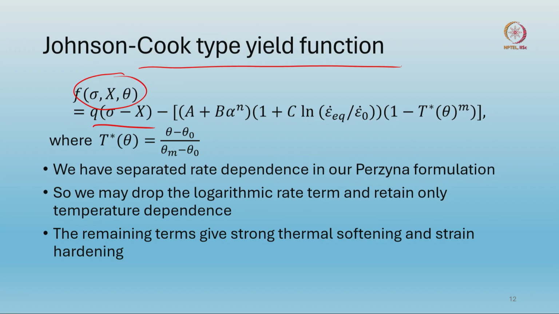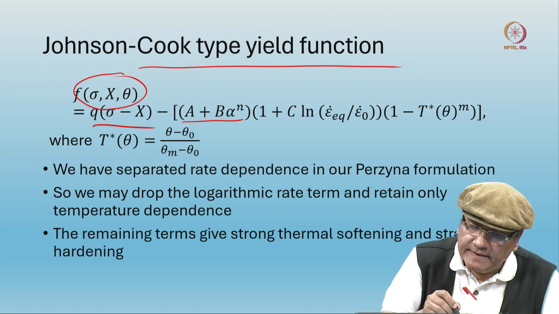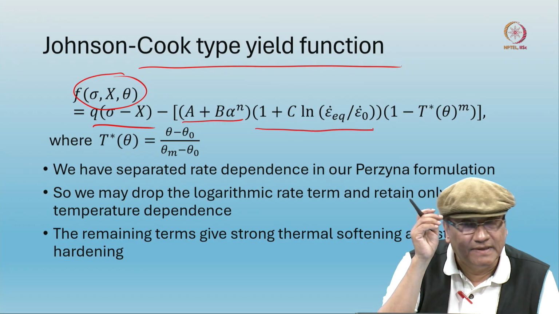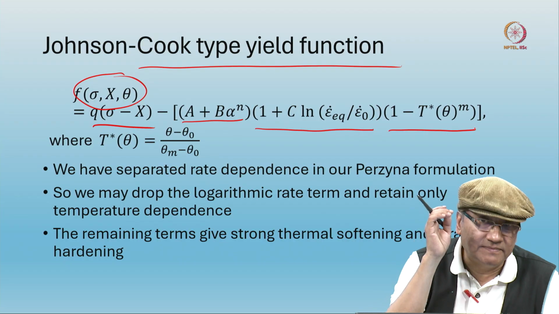Now you can think of this as the initial yield stress, which could be A, B is another constant, alpha is the isotropic hardening kinematic variable. So alpha to the power n, with n a material constant again. Then this is a rate term, and this is the temperature softening term.